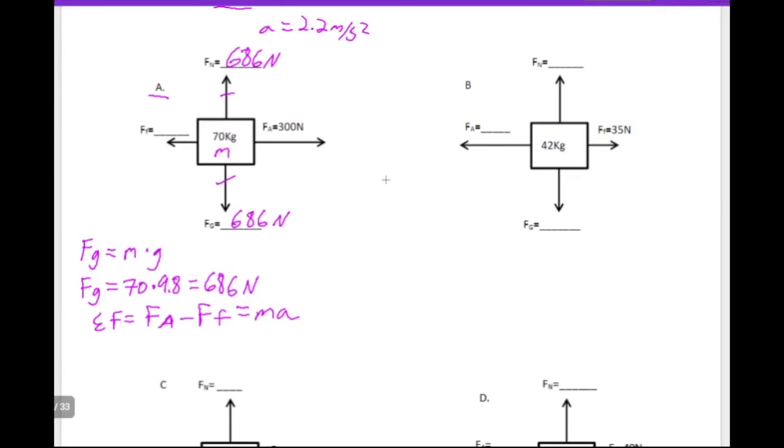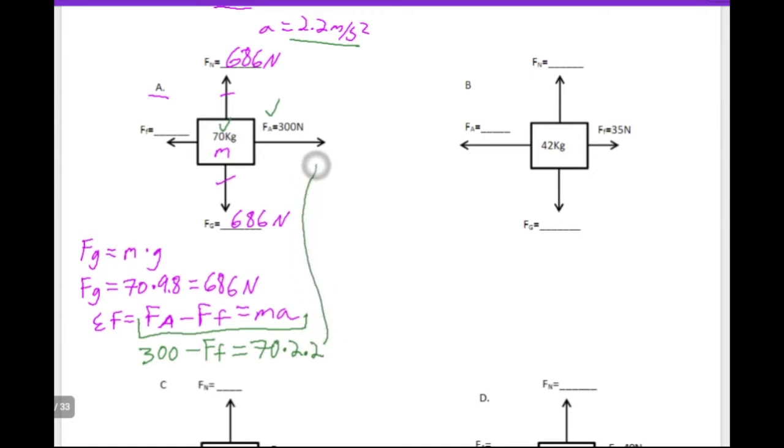If we look, we notice that we have force applied, we notice that we have mass, and we also know that we have acceleration. Therefore, when we're using our net force equation, we're going to use this part of the equation. So using this part of the equation, let's go ahead and rewrite it. That gives us 300 for force applied minus force friction, which is still unknown, is equal to the mass, which is 70, times that acceleration, which is 2.2.